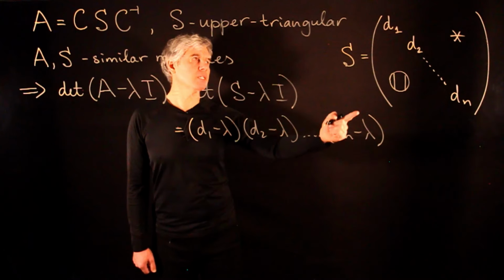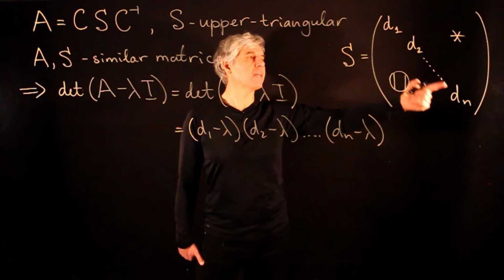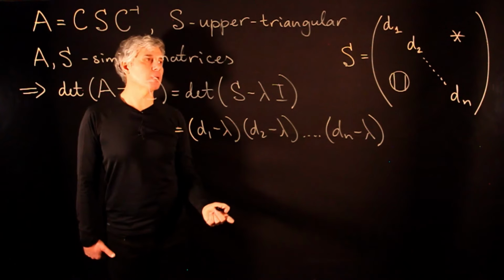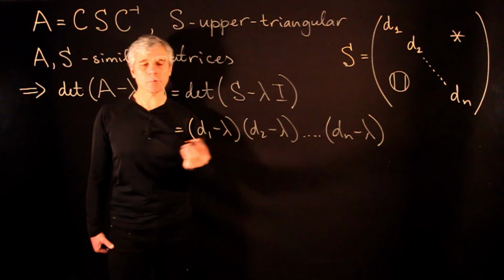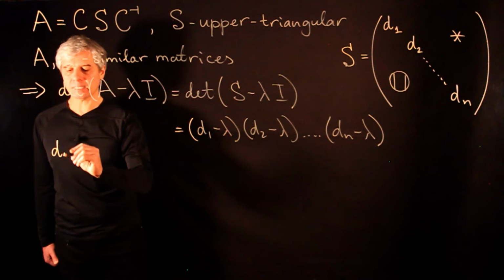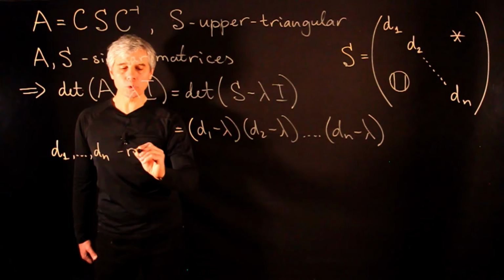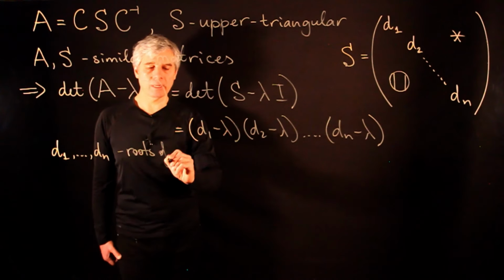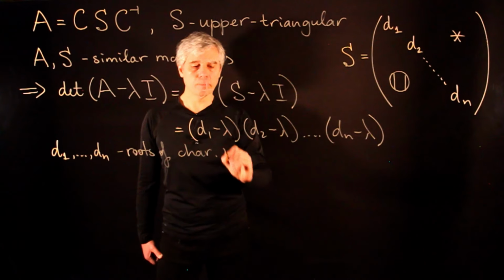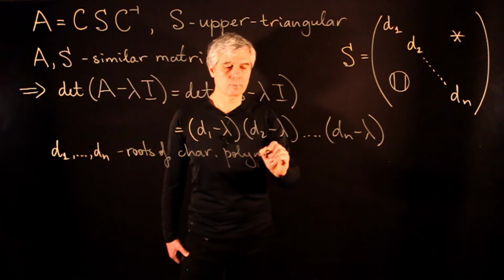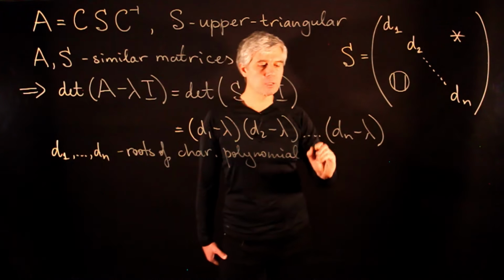And this gives us information about diagonal entries of this upper triangular matrix. So they are not arbitrary, but what we see is that D1 through Dn are precisely roots of characteristic polynomial of the original matrix A.